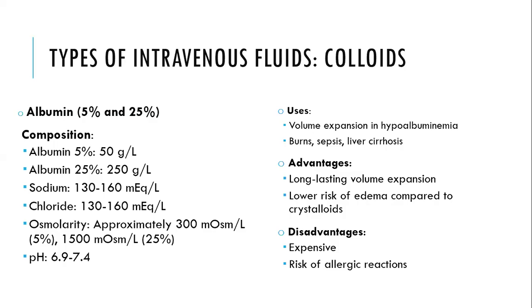Patients in sepsis, burns, liver cirrhosis will benefit from albumin infusion. It has a long-lasting volume expansion, as we're going to see later on, because it stays more in the intravascular compartment, so it gives you a better cardiac output augmentation, and it has a lower risk of edema compared to crystalloids.